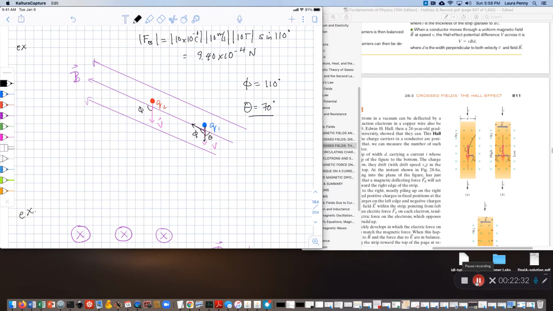This is a positive charge, and so the magnetic force is into the screen. Similarly, if I do velocity crossed with magnetic field, my thumb is pointing in, but this is a negative charge. And so the magnetic force is out.